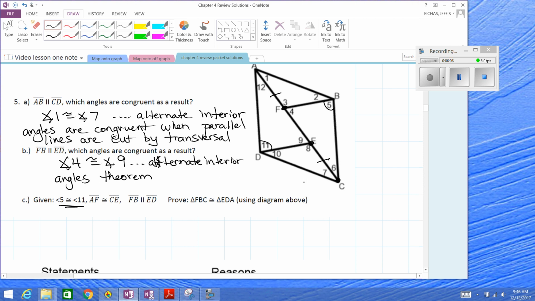Now we have to prove triangle FBC. Let's highlight it. This one right here, the one off to the side. They want us to prove that that's congruent to EDA.